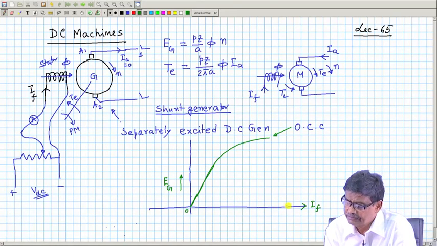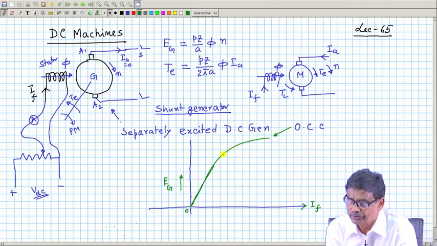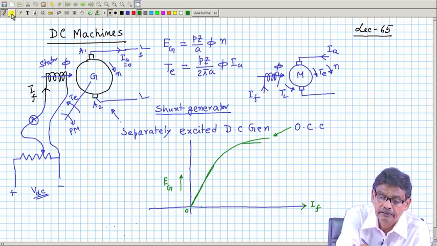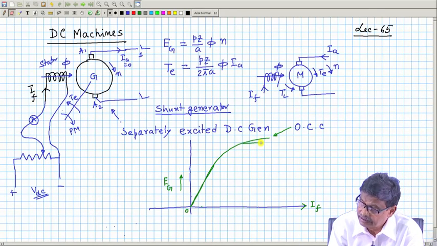If you increase the field current, the flux produced becomes lesser and lesser. For 1 ampere increase in field current in the initial portion, the flux changes by a large amount, but the same increase in current at this end increases the induced voltage or flux per pole very little. So, this is called the saturation zone.